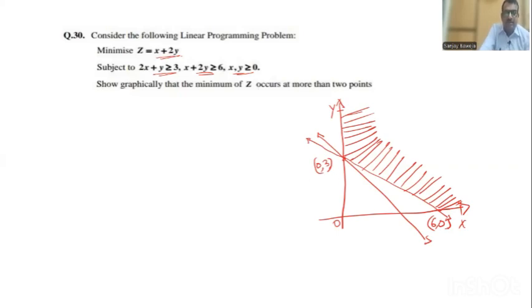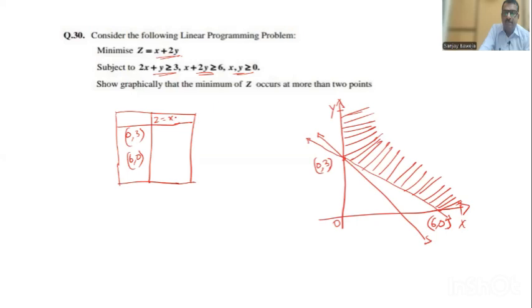So you plot the graph like this and you find that it is an open unbounded region and corner points are visible as 0, 3 and 6, 0. You make a corner point table and you find out the value of z. Corner point table is like 0, 3 and 6, 0.